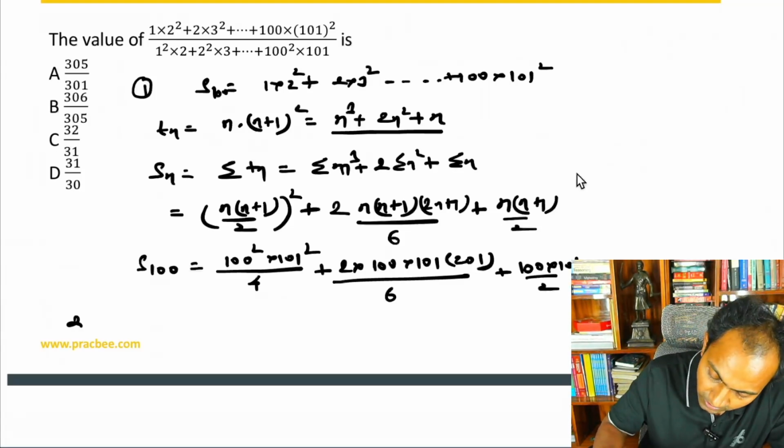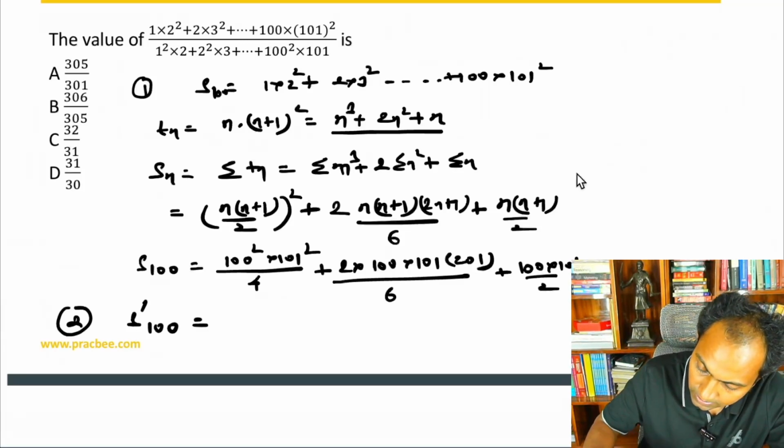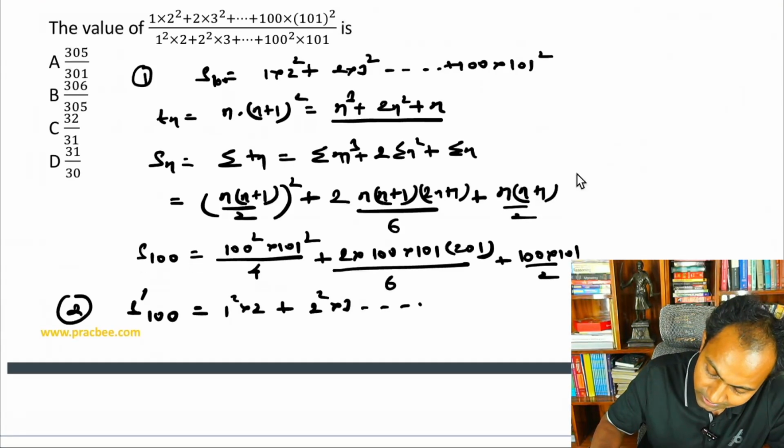Similarly, in the second part, I will find the value of S dash. You can see that again we have 100 terms. But this series is 1 square into 2 plus 2 square into 3 up till 100 terms. So let us write the general term. So T dash n, if you write, it is nothing but n square into n plus 1.